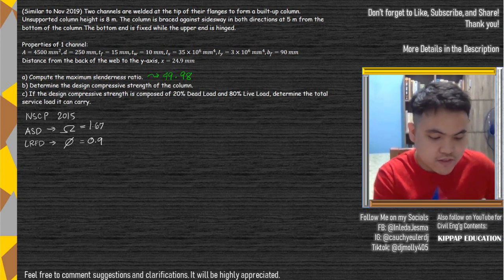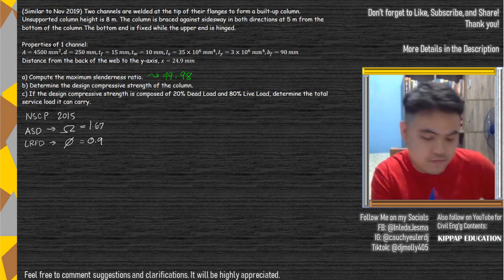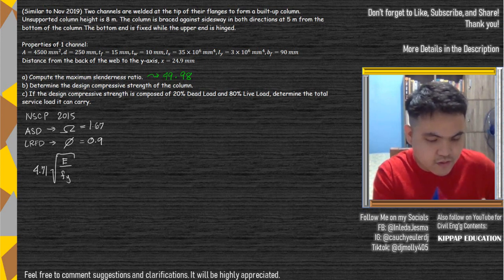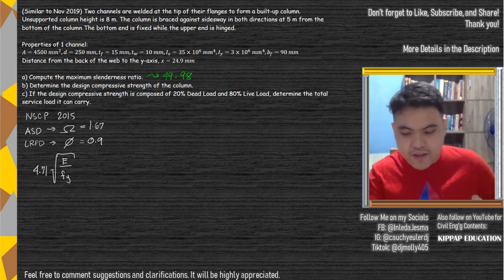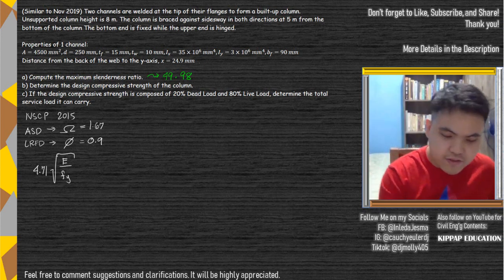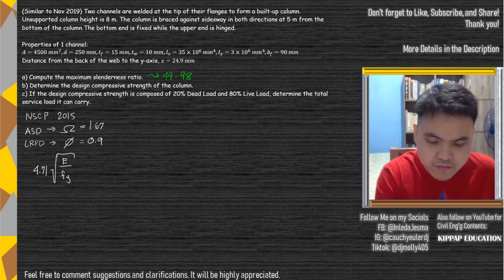We will compare the slenderness ratio with this value, 4.71 square root of E all over Fy. Okay? Pero walang Fy sa ating problem. So, let's give a value of the yield strength na lang. No? Ang ginamit, I think, sa aking video na yun, it's 250. So, let's write 250.